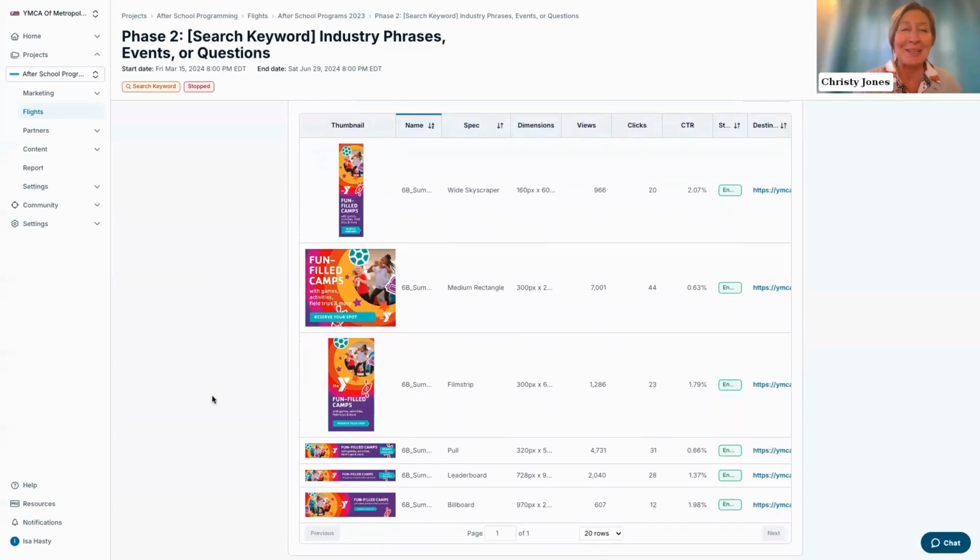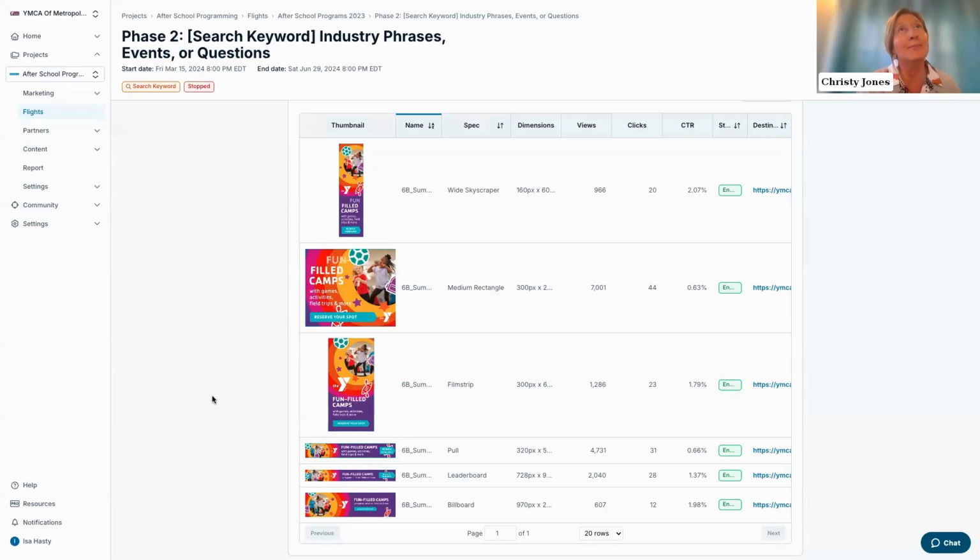So when somebody messages us and says, "Tell me about your camp programs. Tell me about how to donate," those are the areas where we pull our keyword search terms from.